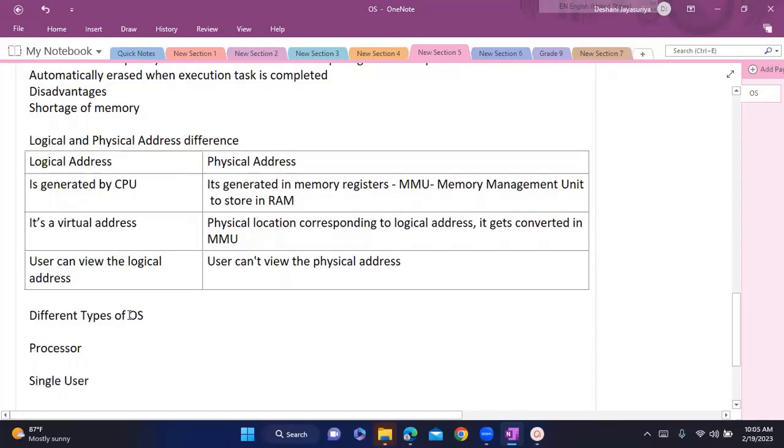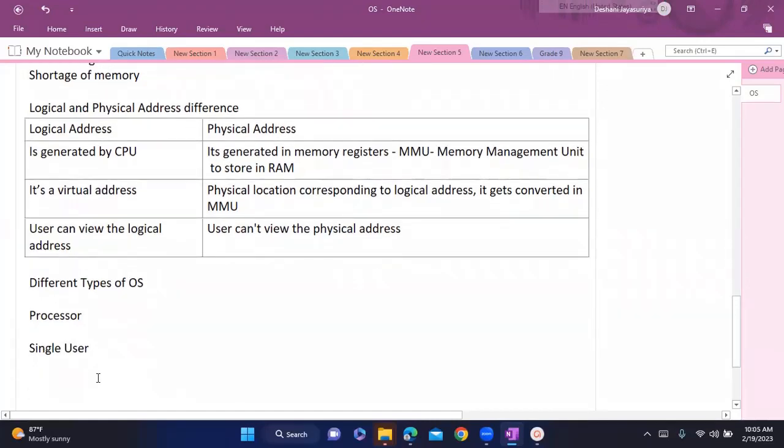The other one is based on single task and multitask. So that's how we can get these things. Processor wise, mainframe and supercomputers use those things.